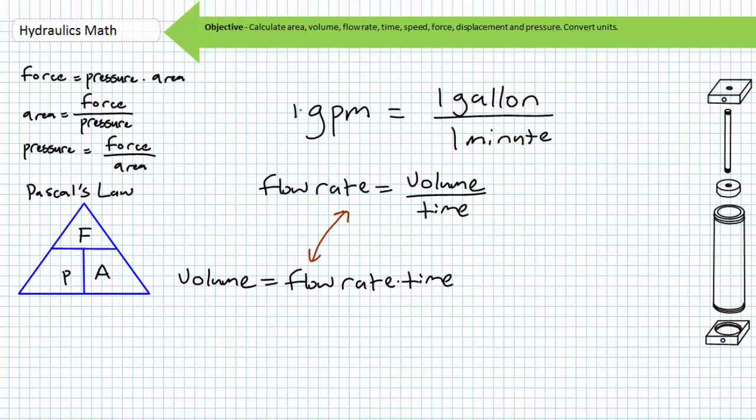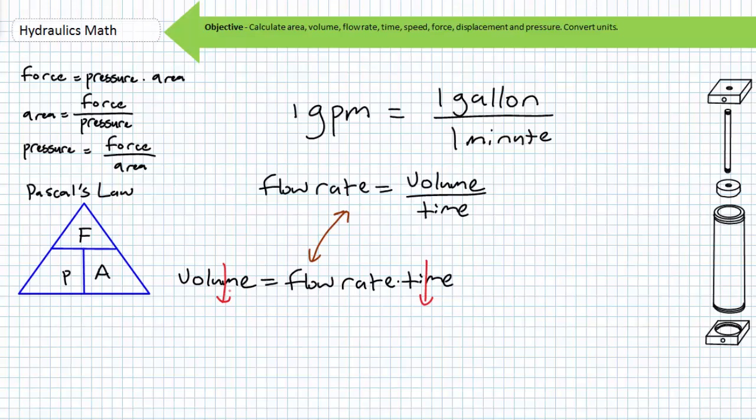A rearrangement of these same concepts tells us that volume is the unit of flow rate times the units of time. Larger flow rate over the same time means more volume. A smaller flow rate over the same time means less volume. Same flow rate for a long time means more volume. Same flow rate over a short span of time means less volume.